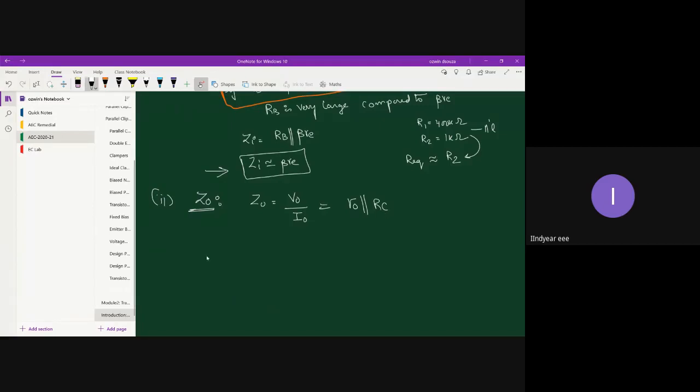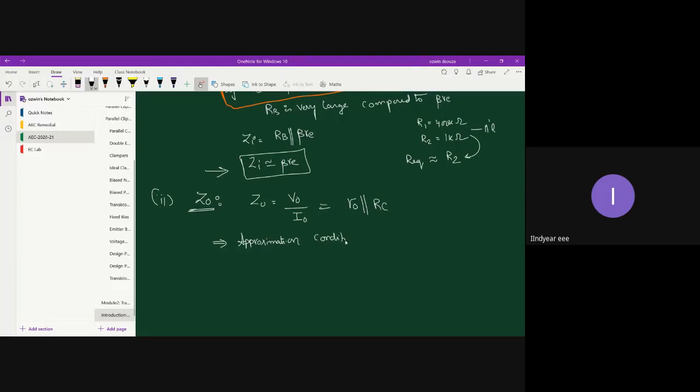However, this is your exact expression, but quite often the value of R0 is way bigger than RC, due to which your Z0 approximately becomes RC. So let me apply the approximation condition.